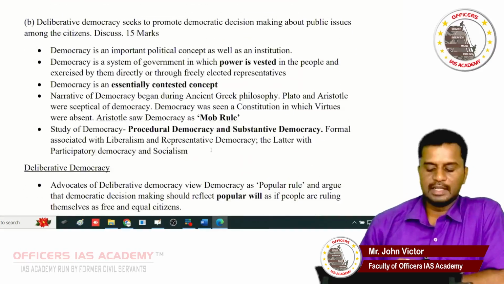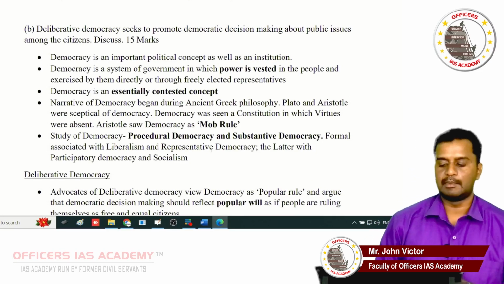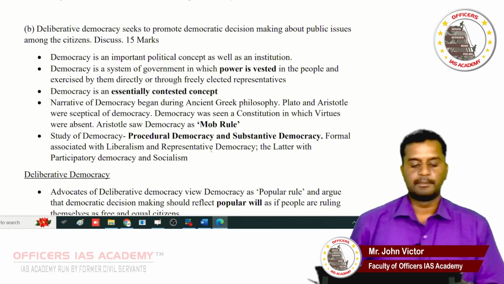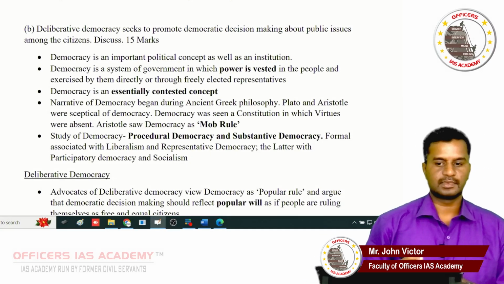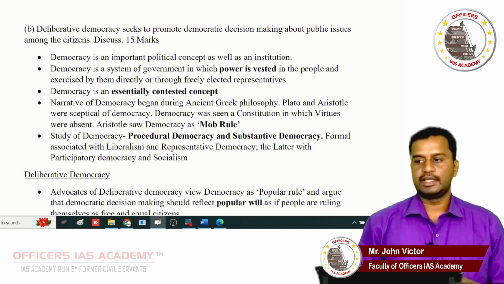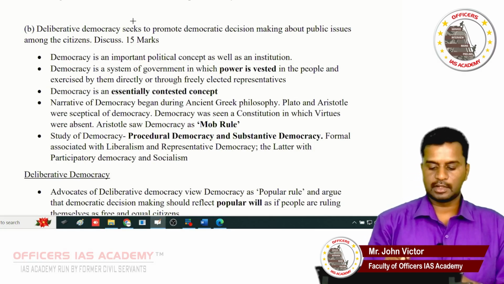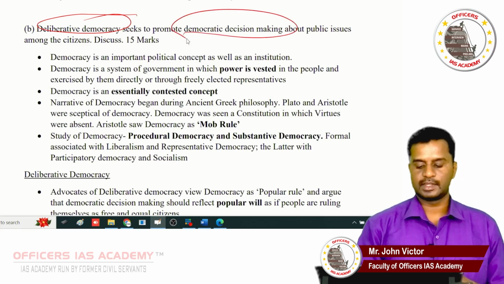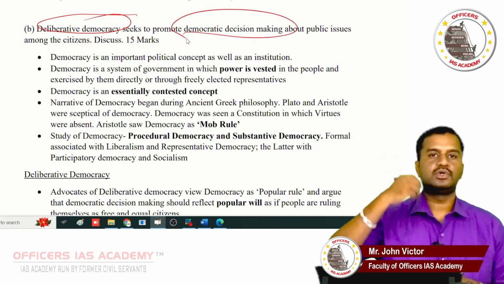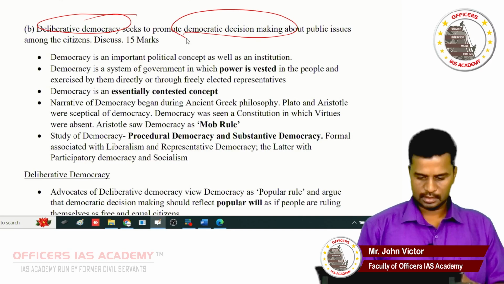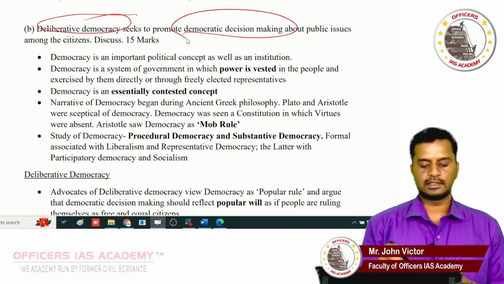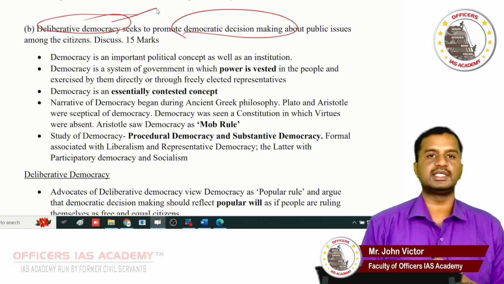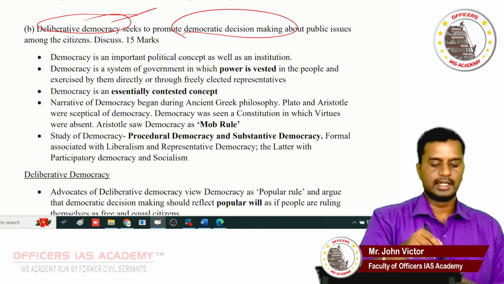Next question B. Deliberative democracy seeks to promote democratic decision making about public issues among the citizens. The key concepts given are deliberative democracy and democratic decision making. Once again, we have to explain about democracy and you have to explain about deliberative democracy specifically.